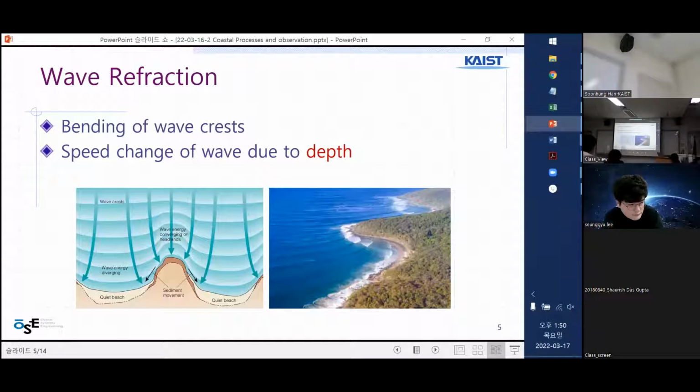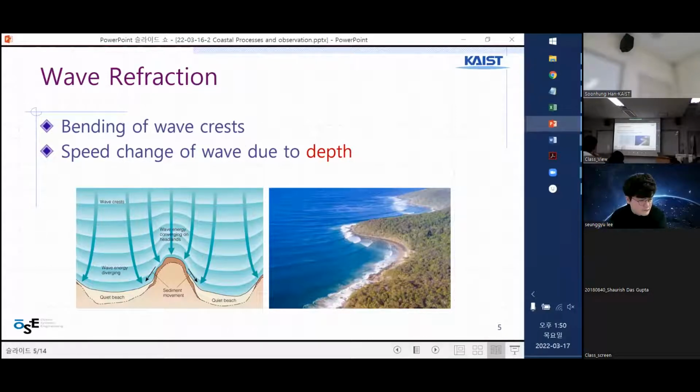Anyway, the wave has different shapes because of this kind of random shape. When there are rocks here, it gives you a sharp corner. And then it gives you different directions like this.